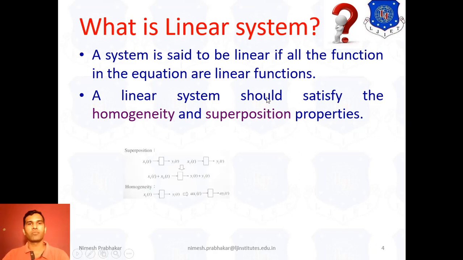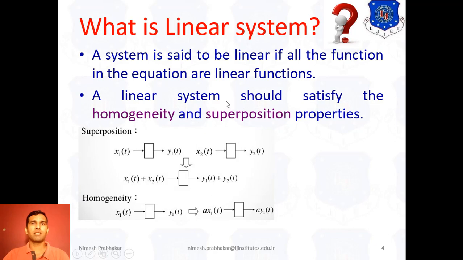Now we understand this with an example for superposition and homogeneity. Suppose we have one system and we give x1(t) as input, and we get y1(t) as output. Then in another system, x2(t) is the input and we get y2(t) as output.